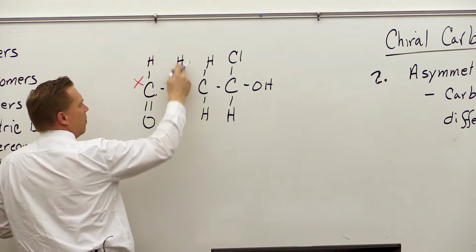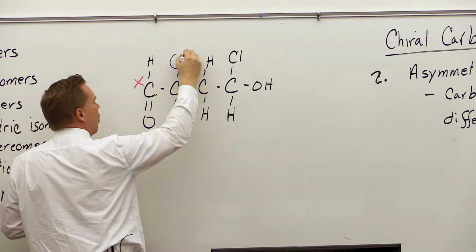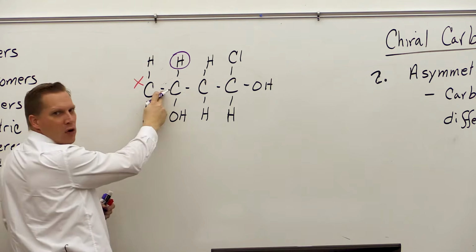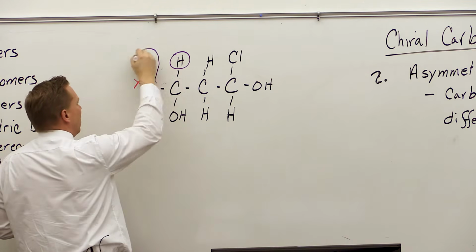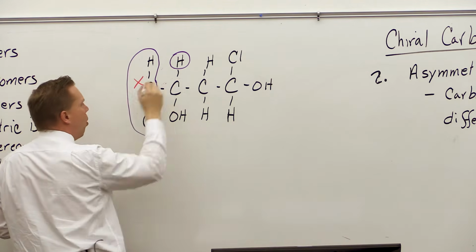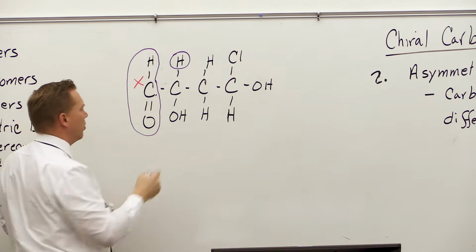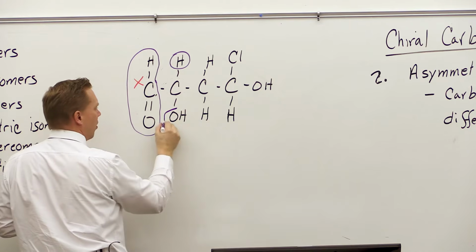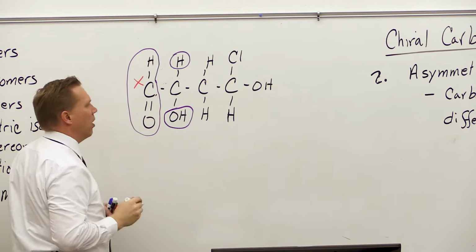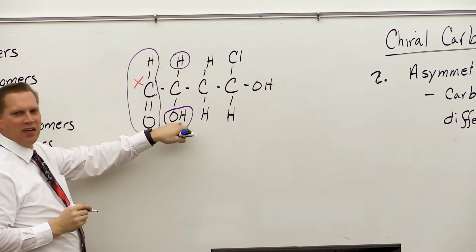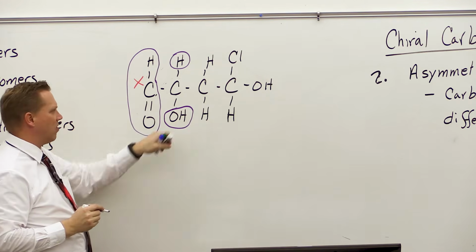We're going to say, okay, it's bound to this hydrogen, so that's one group. Over here, we have another bond. We circle the whole thing, and everything it's attached to. That represents group 2. Right here, what it's bound to, that oxygen, and whatever it's attached to, this hydrogen as well, that's group 3.